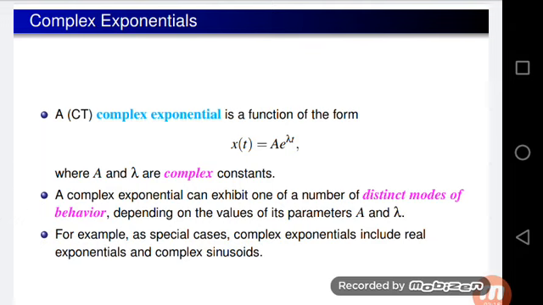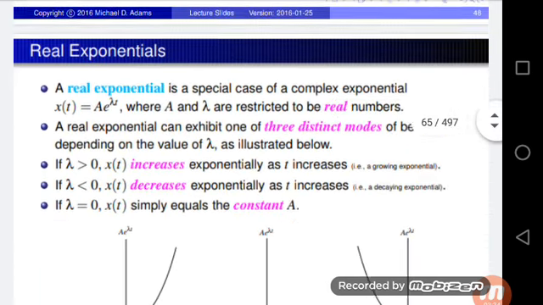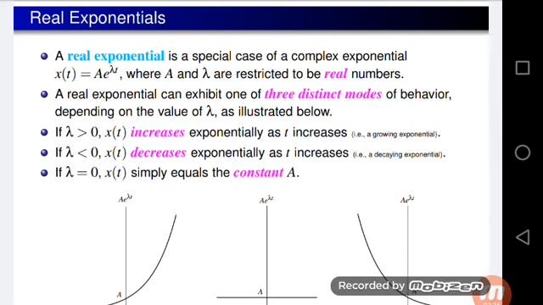By using A and lambda we can easily find the distinct modes of behavior. For example, special cases of the complex exponential include real exponentials and complex sinusoids.